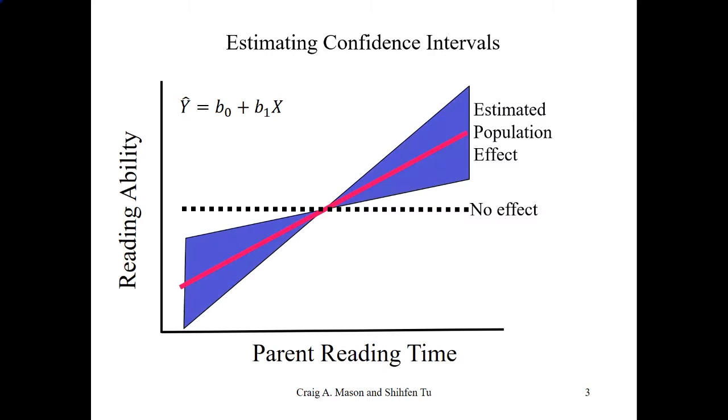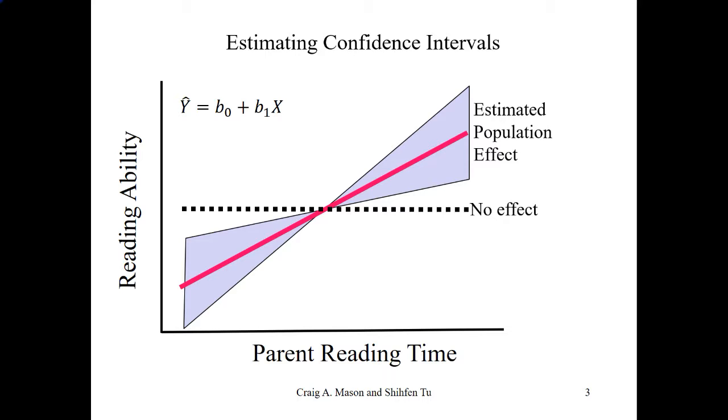We'll use a confidence interval to estimate a range of possible slopes that reflect where we think we would see the real population slope or effect if we had godlike powers and somehow knew exactly what that real value was for everyone in the population.